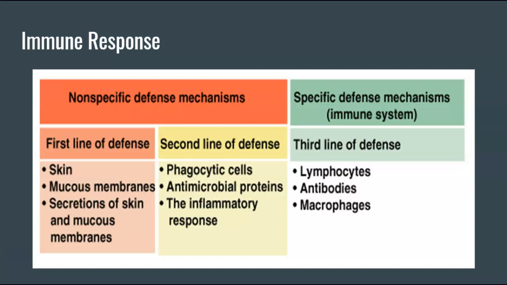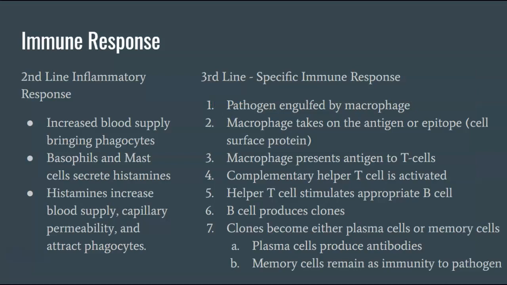And then the third line of defense is specific. This is your actual immune system. This is dealing with your antibodies, your lymphocytes, your macrophages. These are your big time cells that are involved with the immune system. So we kind of talked about this, right? Second line of defense, increased blood supply.